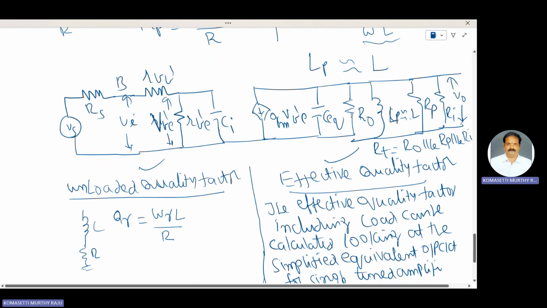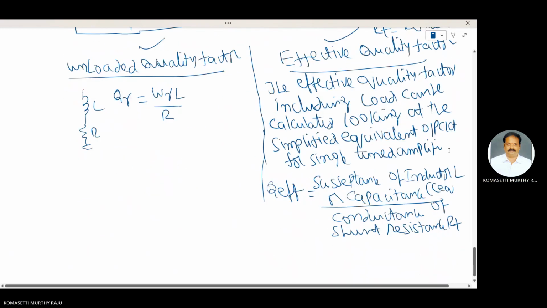Because RT acts as load. RT is R0 parallel with RP parallel with RI.